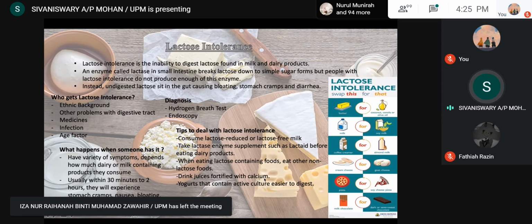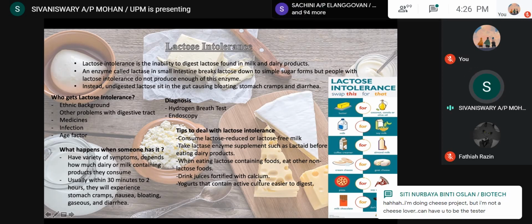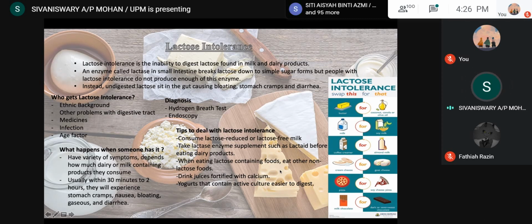Fortified with calcium means that the juice is strengthened and contains more calcium. A famous drink usually fortified with calcium is orange juice, such as Tropicana, which has a juice called Tropicana Calcium Boost.